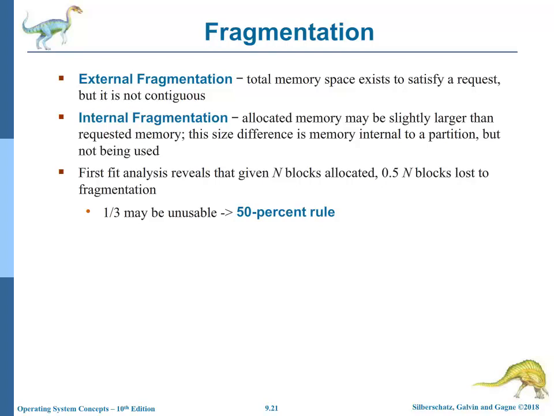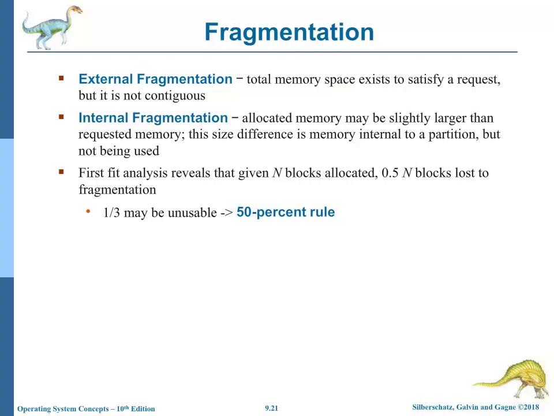External fragmentation means that the available memory is broken up into lots of little pieces, none of which is big enough to satisfy the next memory requirement, although the sum total could.